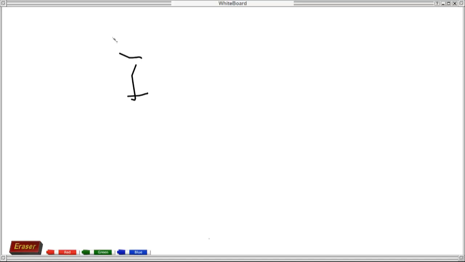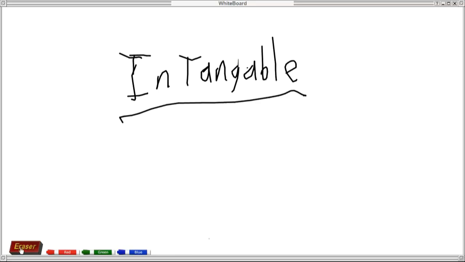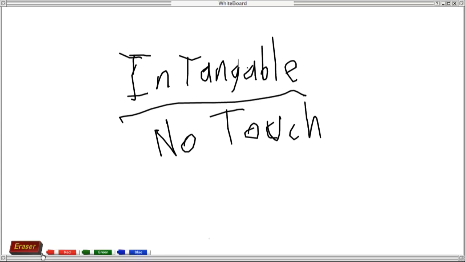Anyway, the other concept of indestructibility is being intangible. Intangible pretty much means no touch. It means the aspect that you can't touch it.